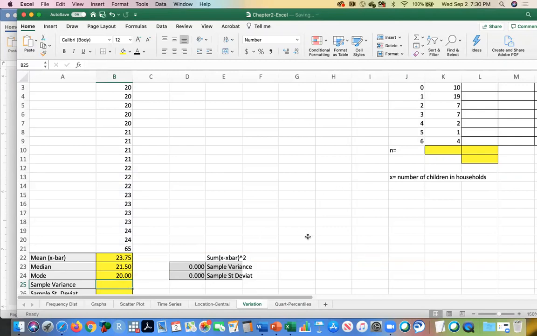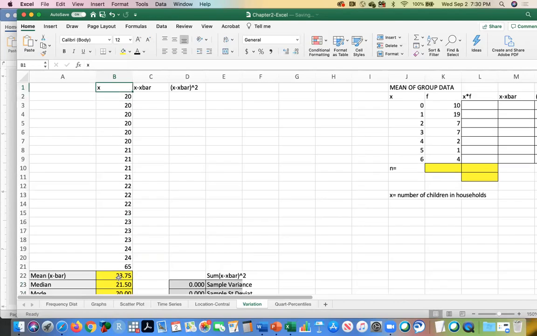So I was mentioning the deviations. In this case, we have the mean, the median and the mode. The deviation in this case is going to be the observation X minus X bar, right? So I'm going to do the following.